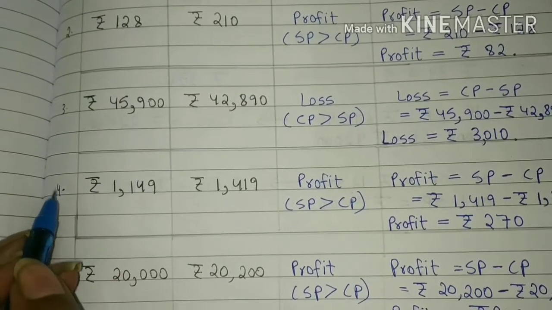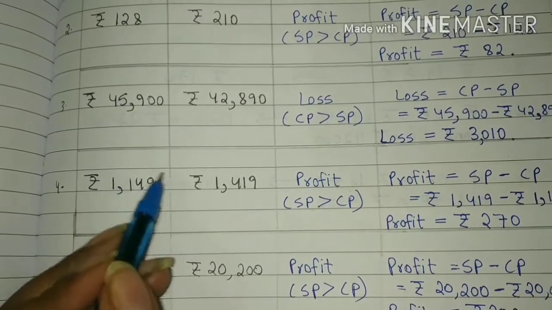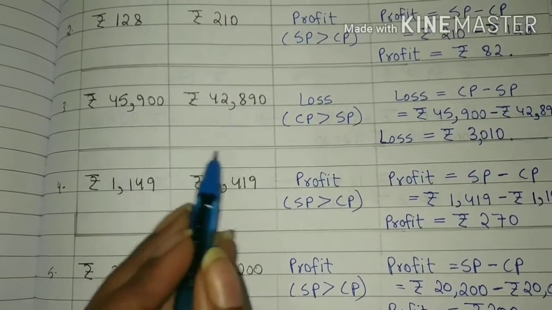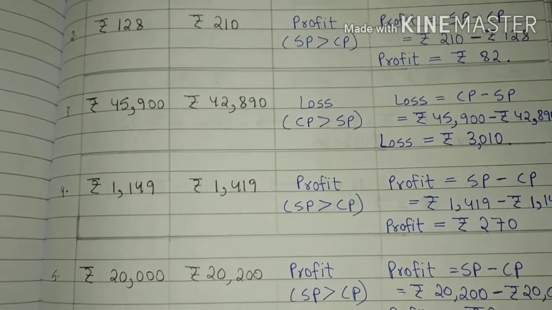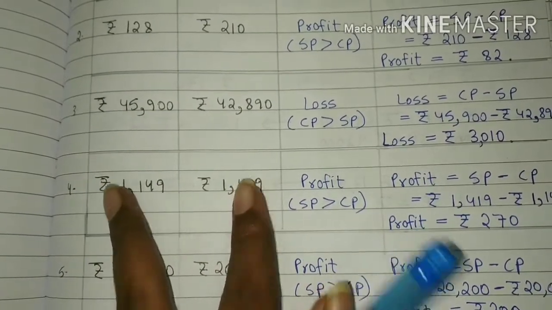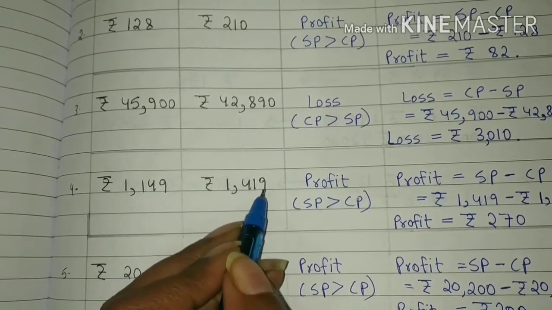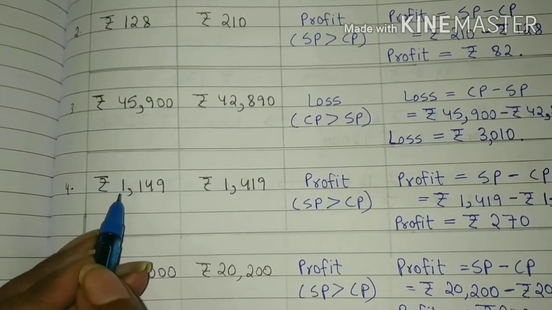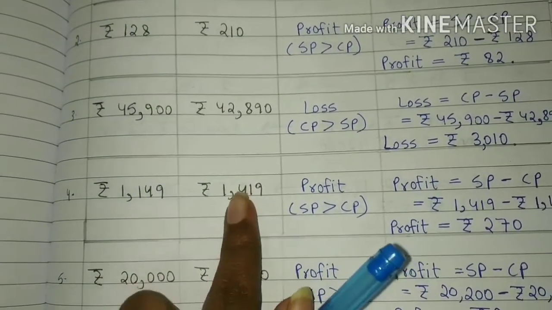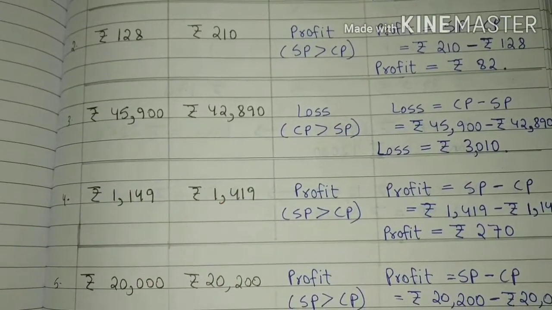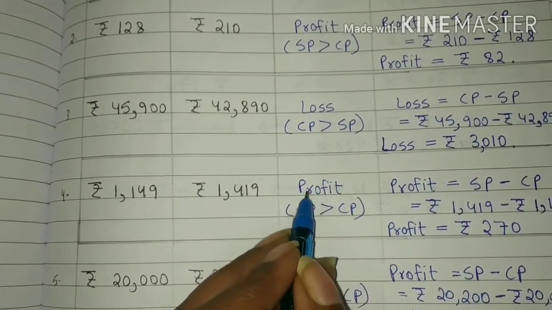Students, now come to fourth. Cost price is rupees 1149. Selling price is rupees 1419. Students, when you compare these two prices, you will see that rupees 1419 is greater than rupees 1149. It means selling price is greater than cost price. Students, we know that if selling price is greater than cost price, then there is a profit.